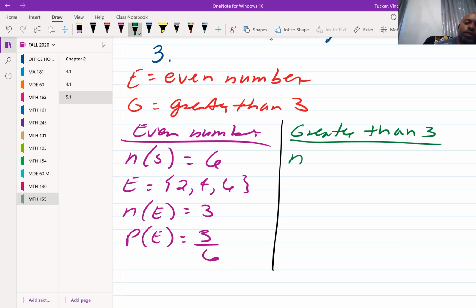So greater than 3. Number of our sample space is still 6. Talking about greater than 3, we have 4. You know what? I meant to do greater than 2. That's what I want to do. 4, 5, 6. But it's all good. Anyway, it's 4, 5, 6.